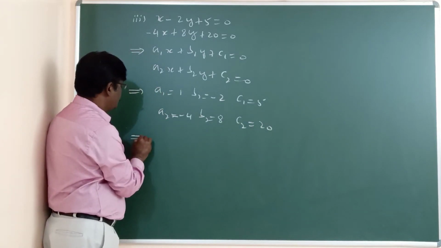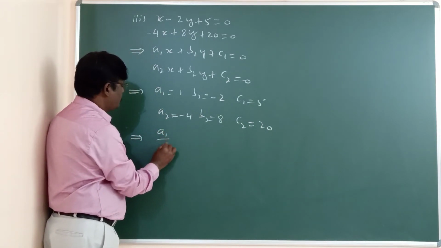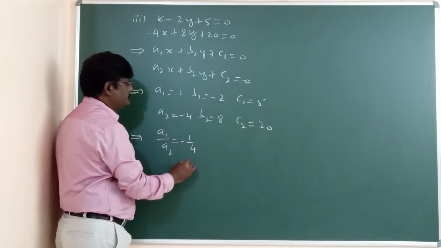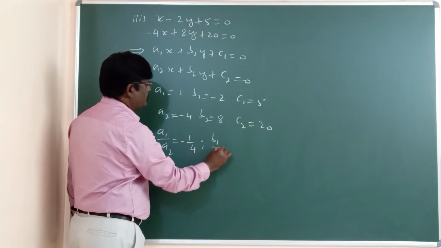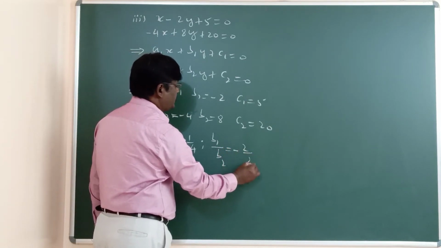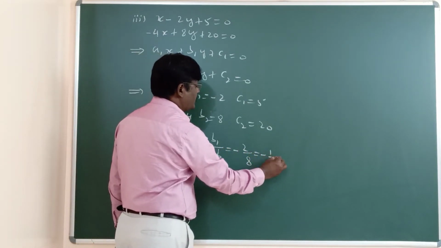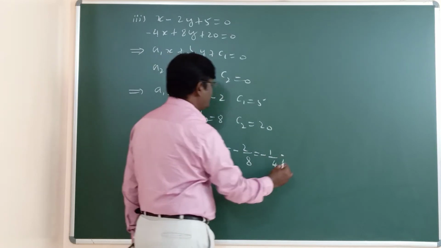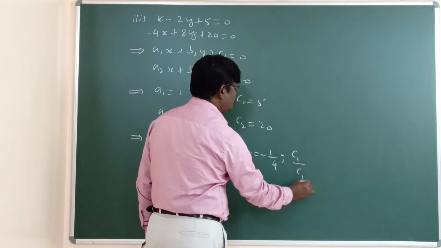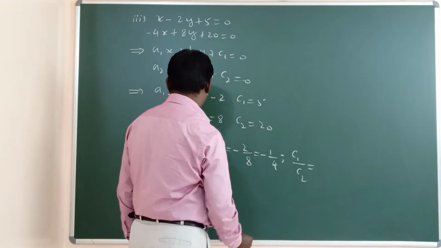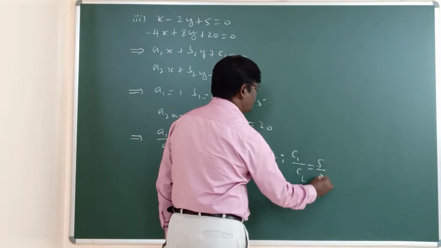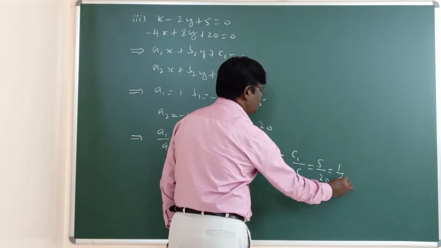So a1 by a2 is minus 1 by 4, b1 by b2 is minus 2 by 8, nothing but minus 1 by 4. Next, c1 by c2 equals 5 by 20 equals 1 by 4.